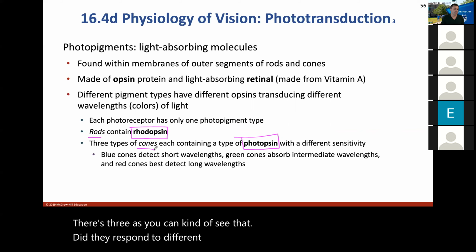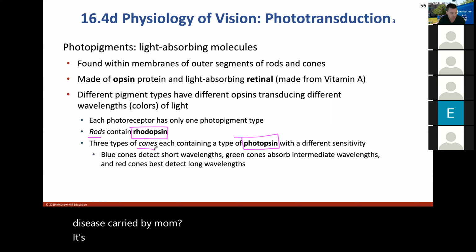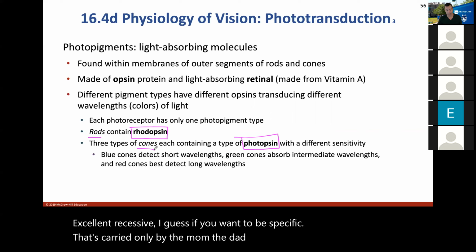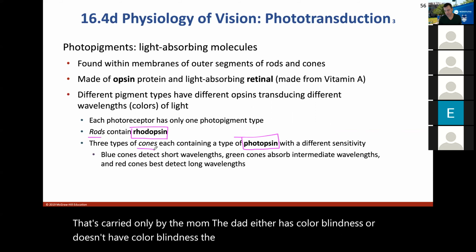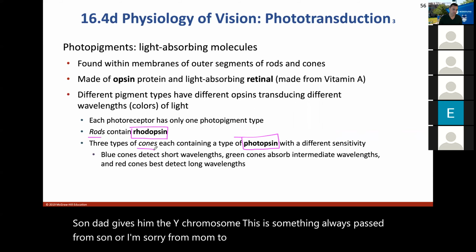So, if you have the genetic disease carried by mom, it's an X-linked genetic disorder. X-linked recessive, I guess, if you want to be specific. That's carried only by the mom. The dad either has color blindness or doesn't have color blindness. The dad never gives it to his son. Dad gives him the Y chromosome. This is something always passed from mom to son.